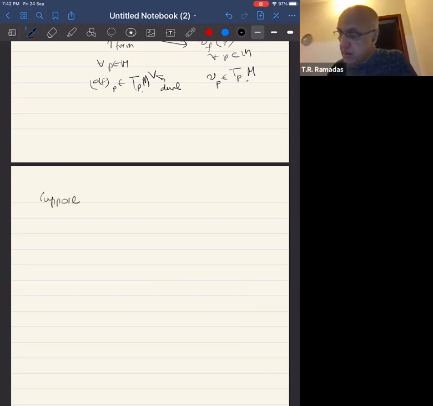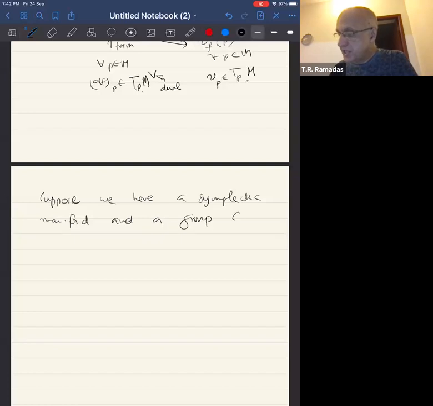Now, suppose we have a symplectic manifold X and a group G, let me call it K for good reason, that acts on X, preserving, whatever that means, the symplectic form.